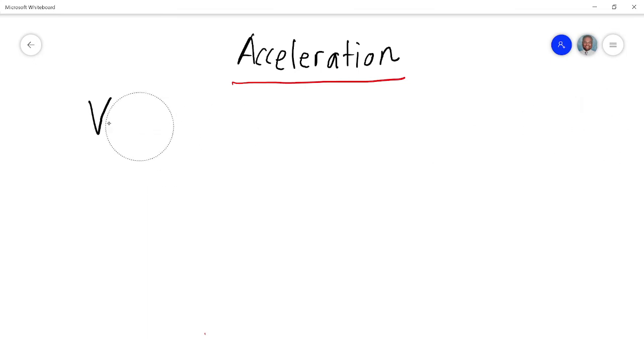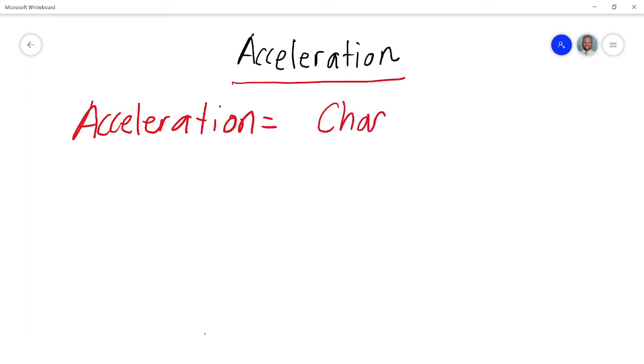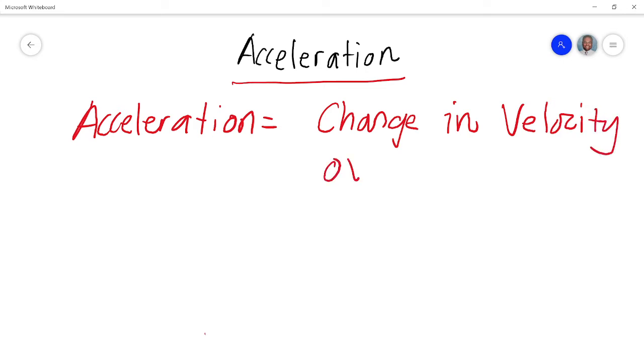So what is acceleration? Acceleration is change in velocity over time.